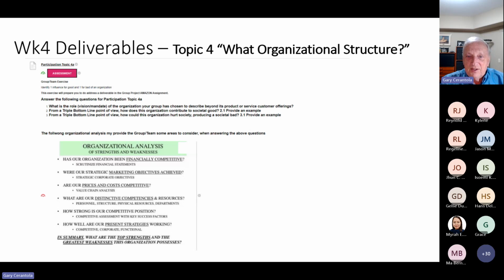What you need to do is answer the questions right on that posting. Where it says identify one influence for good and one influence for bad, that's really the summary of these questions. So the first question is, what is the role of the vision mandate of the organization your group has chosen, beyond just producing and offering a product or service?